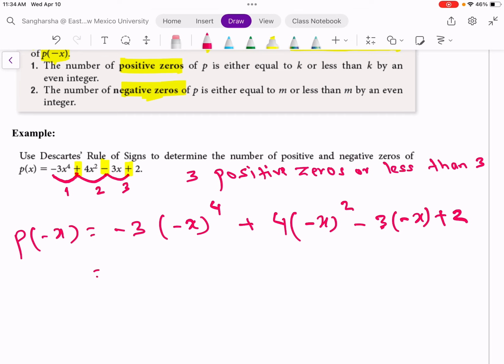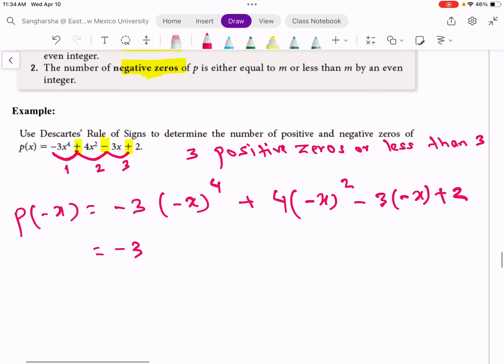What is the fourth power of negative x? The fourth power of a negative is positive, so x to the power 4 is x to the power 4. Plus, the square of negative x is positive x squared, so 4 times positive x squared, 4x squared. Negative 3 times negative x is positive 3x, plus 2.